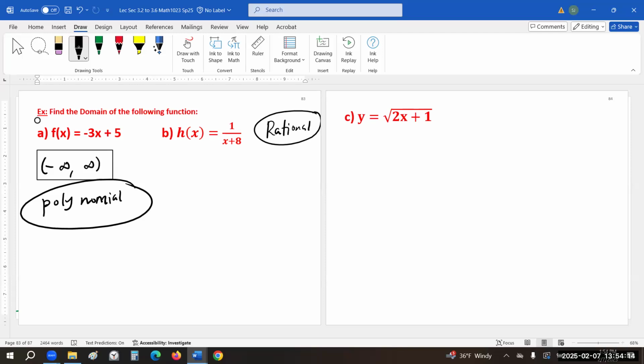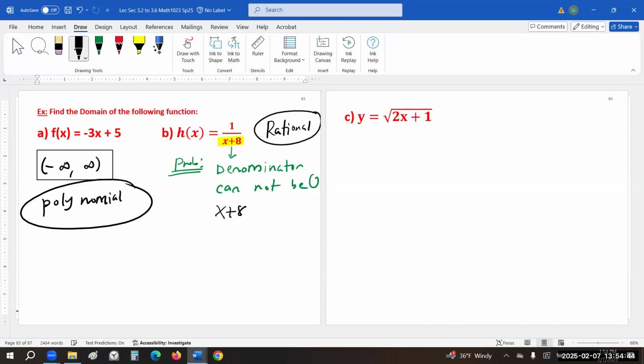Denominator cannot be zero. So what we do, we start with the denominator. We take it and say, our problem is denominator cannot be 0.